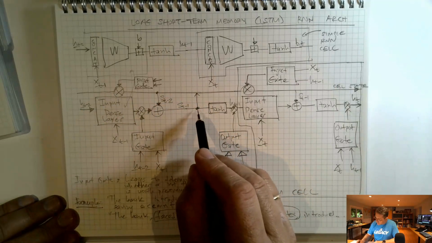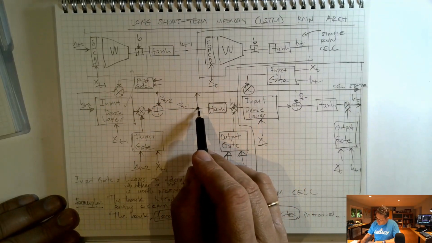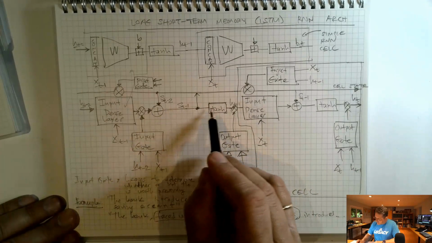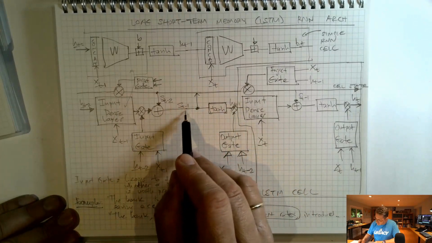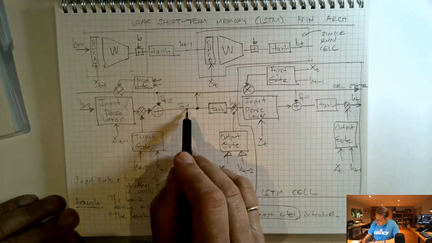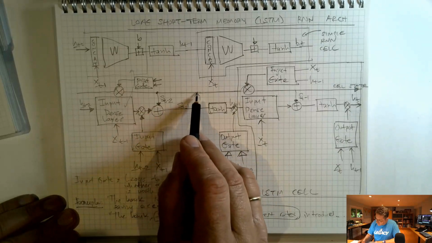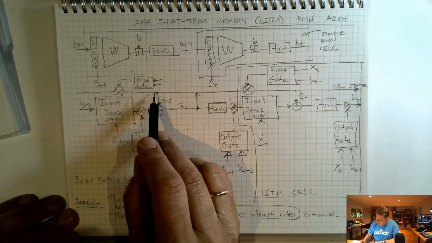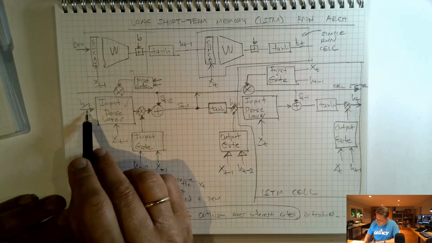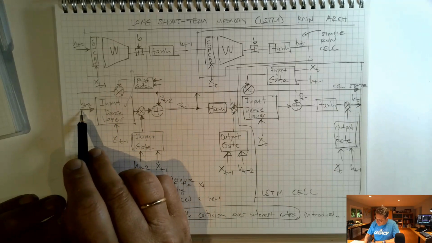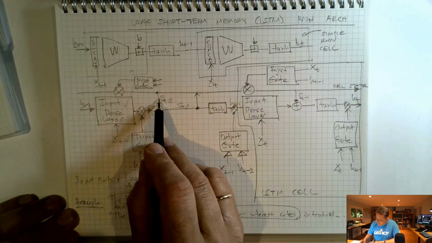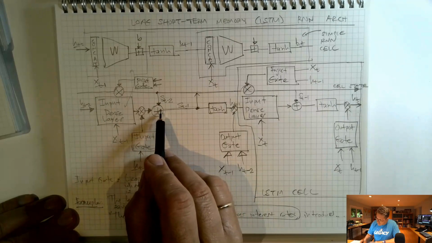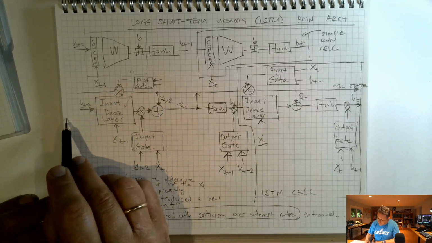So we will go over here, we will see another summer, and we are going to pass through the input dense layer, but the other path is to go over another skip connection.